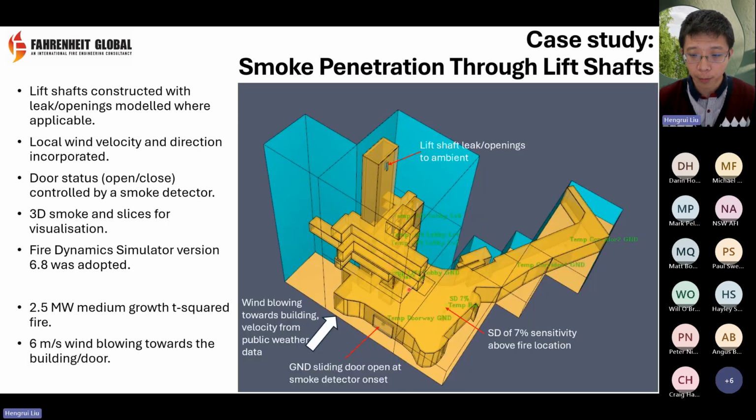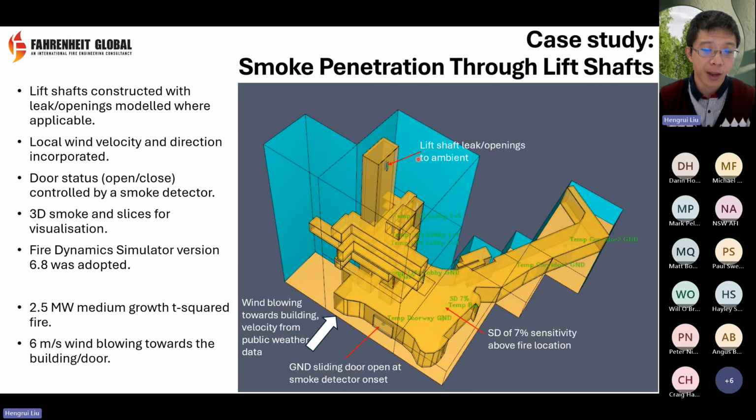So the model looks a bit more complex here, but we still simplified it. We're only modeling the area of interest: ground level and three levels up, and the shaft as well. So the lift shaft with the leakage modeled. This leakage is the lift shaft leak.